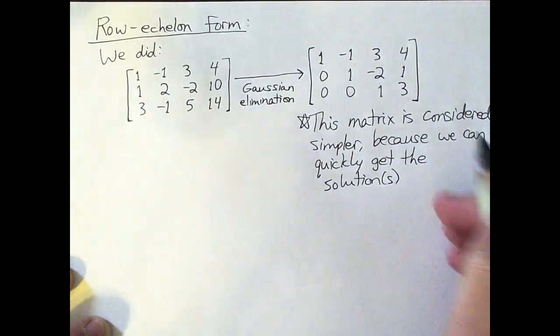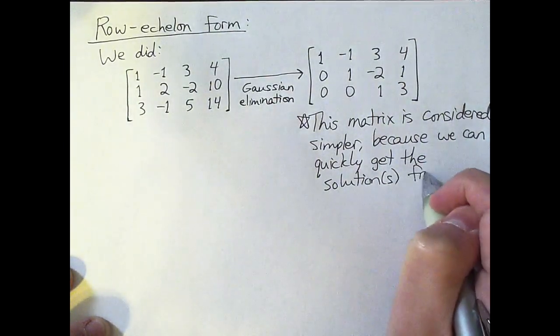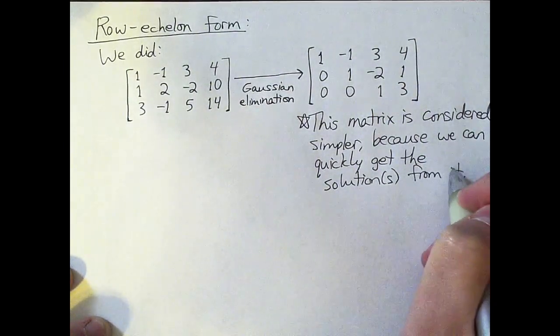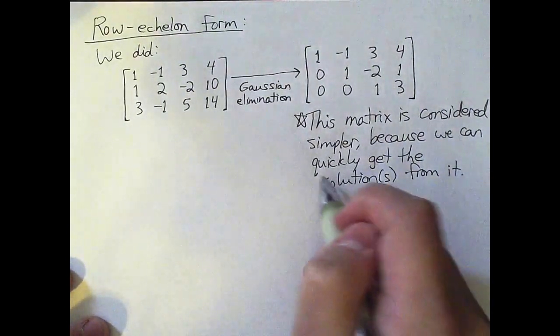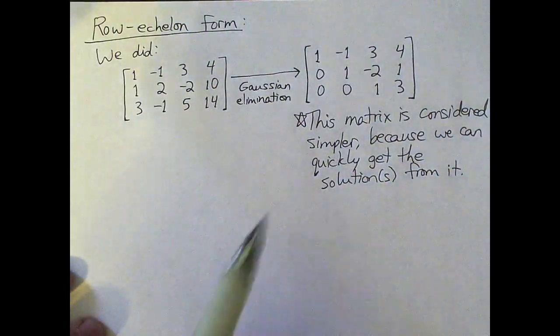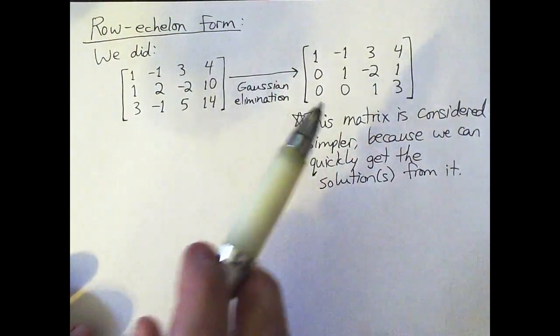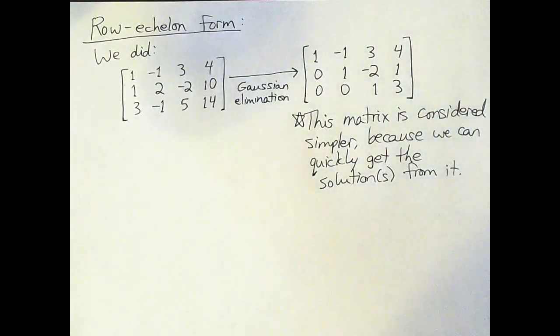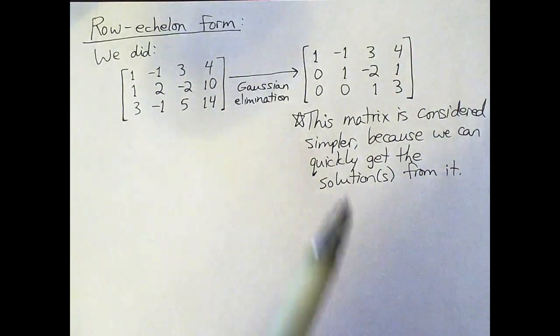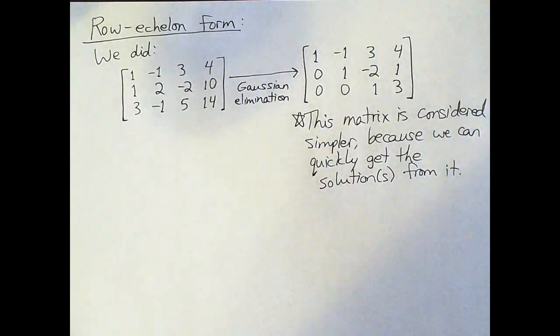Solutions might be singular or plural, right? Actually, there might be no solutions to a linear system. But the point is, once you get an augmented matrix that corresponds to a triangular system, like this one does, that's considered to be the form that we want.